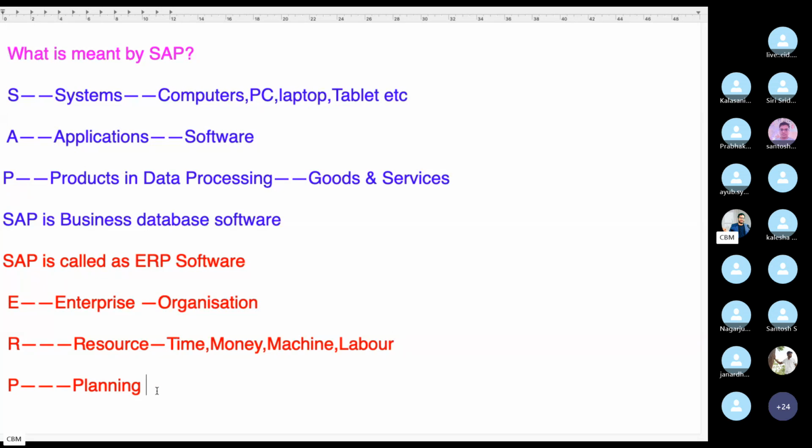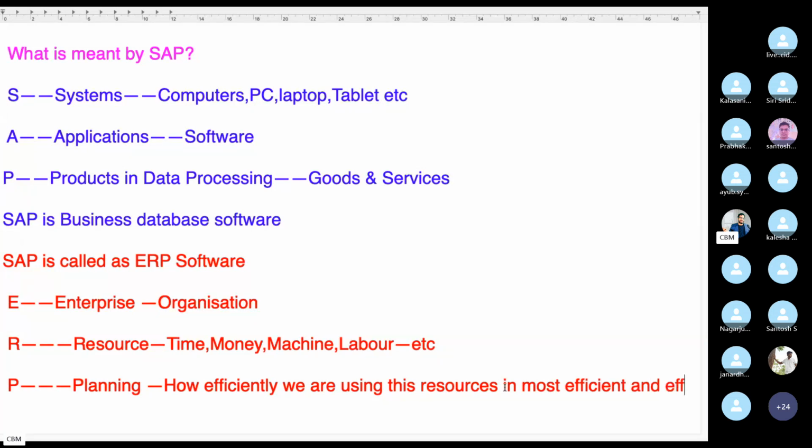So planning means how efficiently we are using these resources, time, money, machine, labor, etc. How we are using these resources in the most efficient and effective manner. That is called planning.